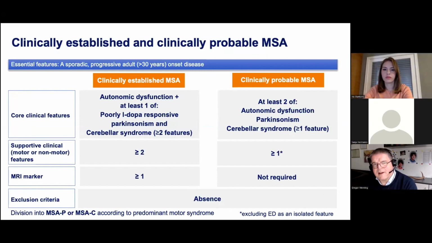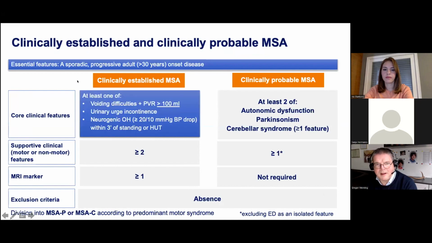This slide illustrates clinically established versus clinically probable MSA. If we start with clinically established MSA, this is probably the most important slide of my entire presentation.